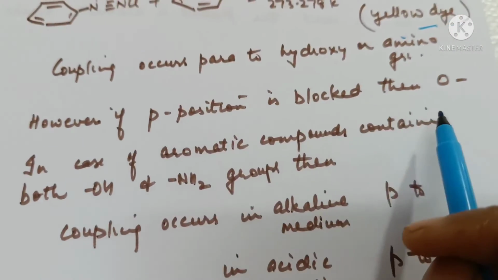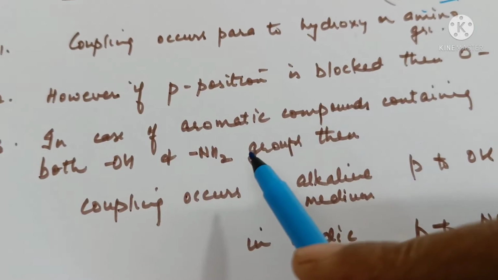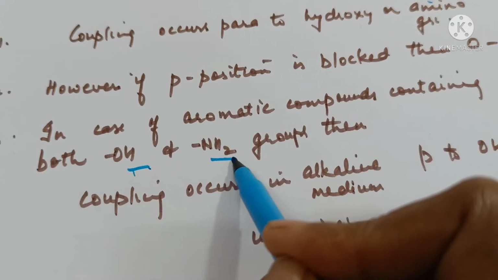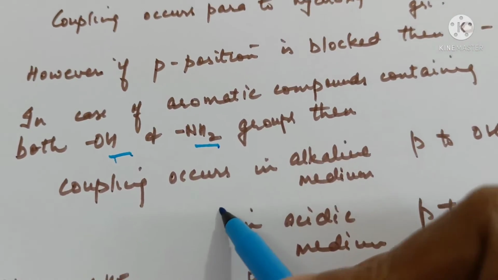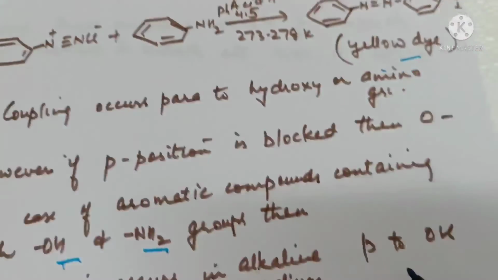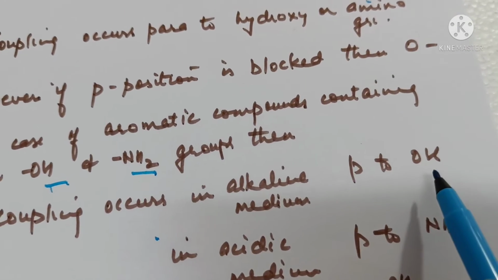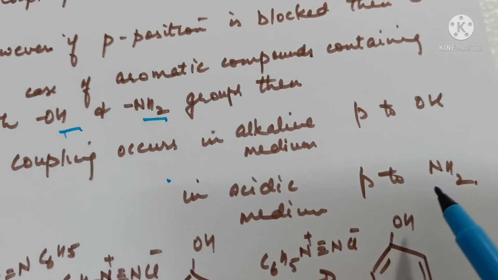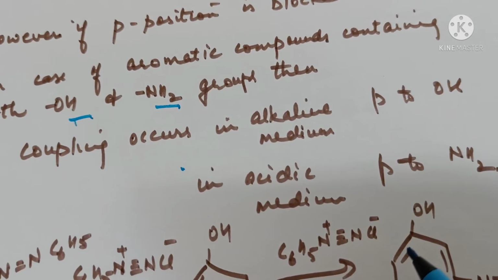If the para position is blocked, then the ortho position will react. In case of aromatic compounds containing both OH and NH2 groups, coupling will occur in alkaline medium para to the hydroxy group, and in acidic medium para to the amino group.